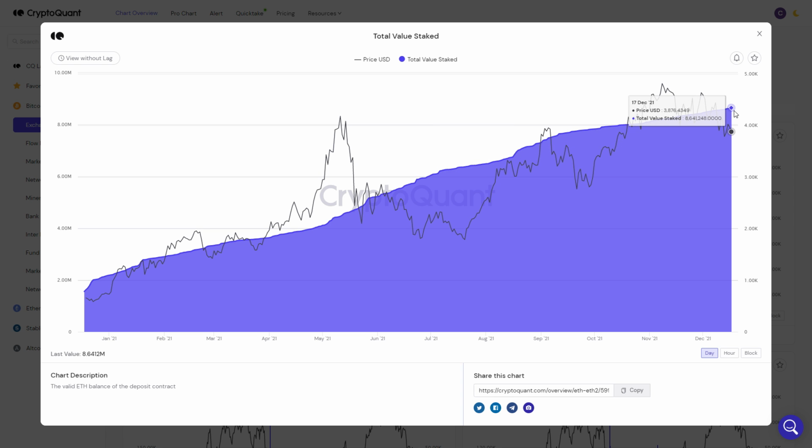And as of right now, at the time of filming this video, the total amount of Ethereum that has been locked up in the Ethereum 2.0 deposit contract is approximately 8.64 million Ethereum, which equals 34 billion US dollars approximately. So once again, that 34 billion US dollars worth of Ethereum is no longer in the available supply that can be easily bought. So this is a very bullish sign for Ethereum's longer term, but not necessarily in the shorter term. I want to make that clear.